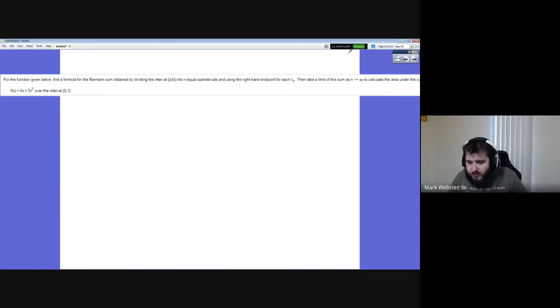So what we're going to do is basically like what we did last time, right? We said we're going to figure out the width of each rectangle, we're going to figure out the height of each rectangle. Before, we could just be like, okay, well, we're being told how many rectangles there are, and we know the range, so if it was from 3 to 5, and I needed 4 rectangles, each rectangle is going to be 5 minus 3 over 4, right?